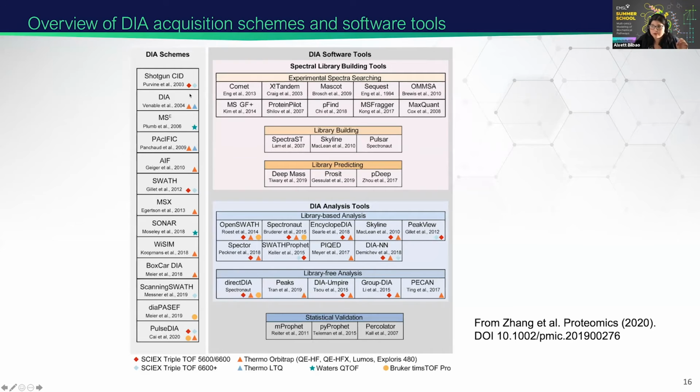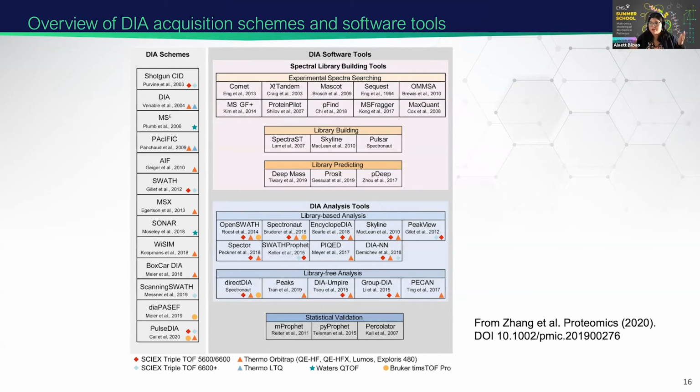In 2000, 2003, 2004, these were basically the initial proofs of concept where DIA was starting to be proposed. At that time, the acquisition was performed in 2 steps, because the instruments were not able to alternate between high and low collision energy to collect precursor and fragment ion spectra.